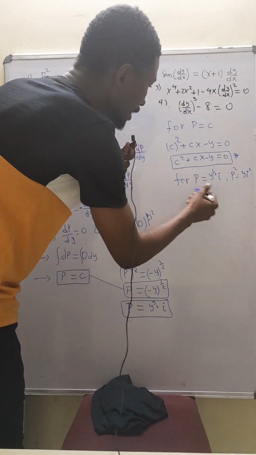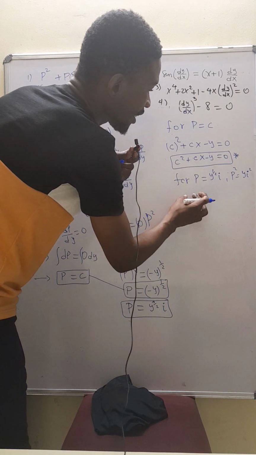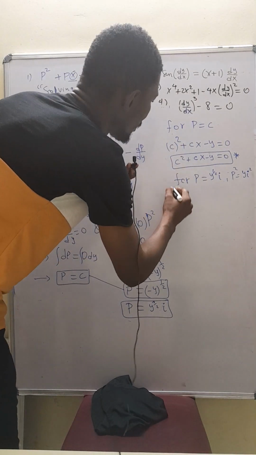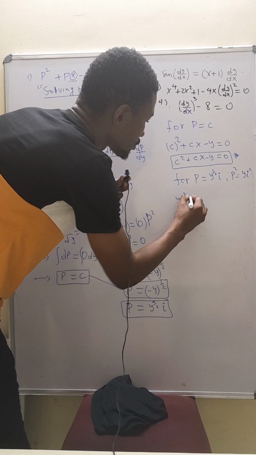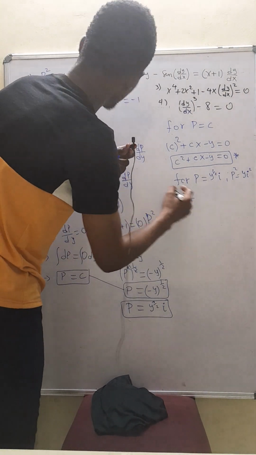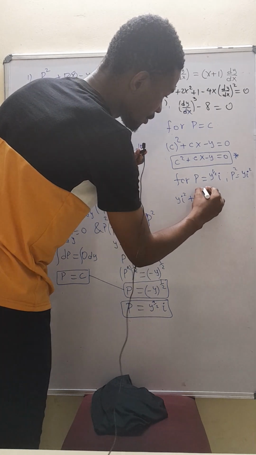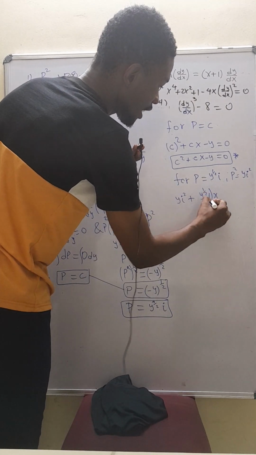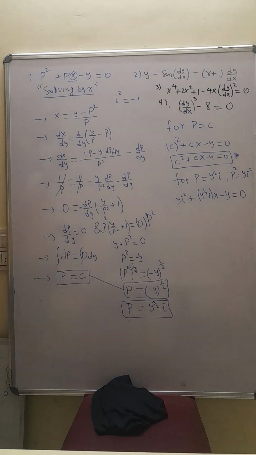Then what I will do is substitute: where I find p, I will put this expression, and where I find p squared, I will put this expression over here. So p squared will be y i squared. Then plus this expression, which is just p: y to the 1 by 2 times i, then times x, minus y, equal to 0.